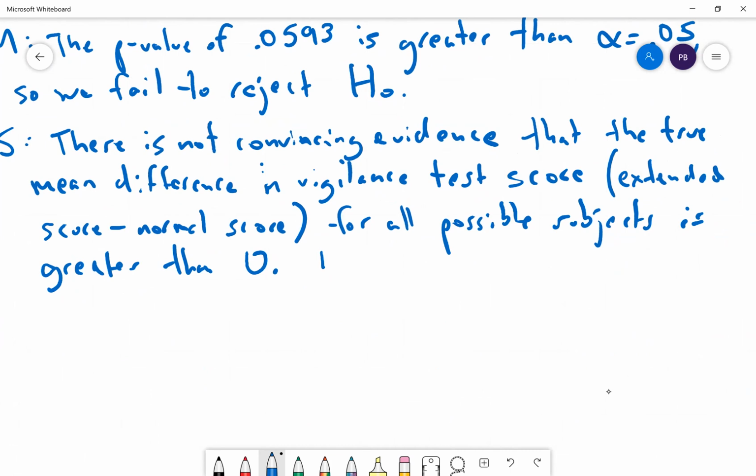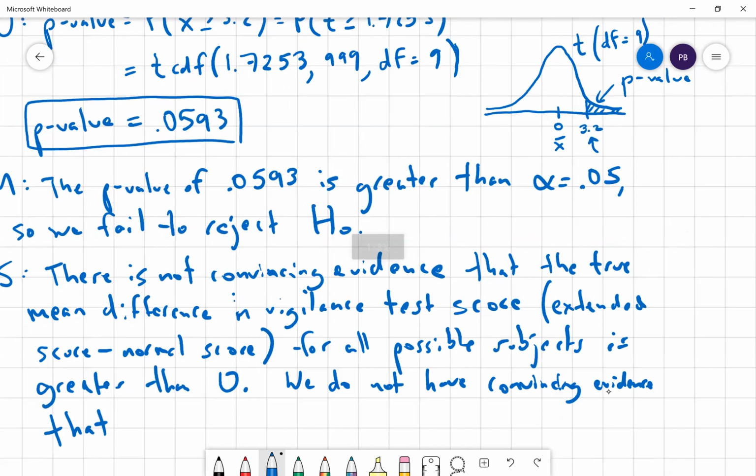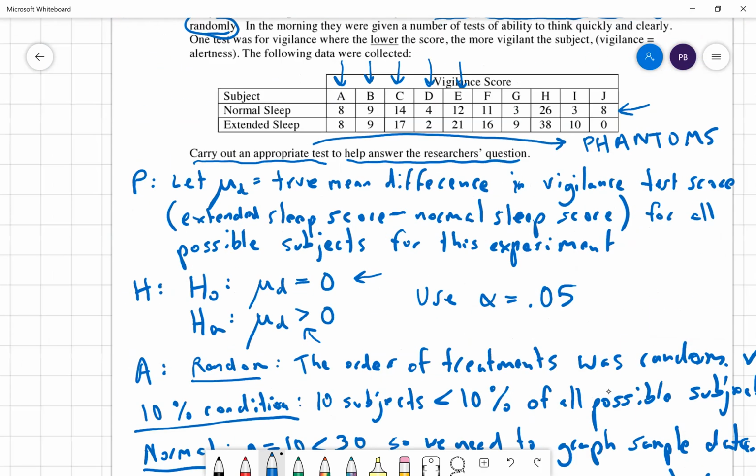So we do not have convincing evidence that, and then let me just remind ourselves of that.